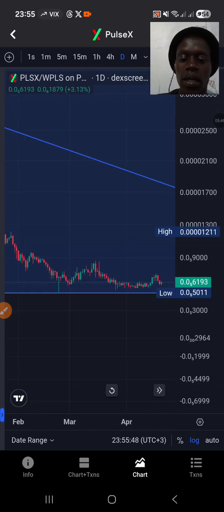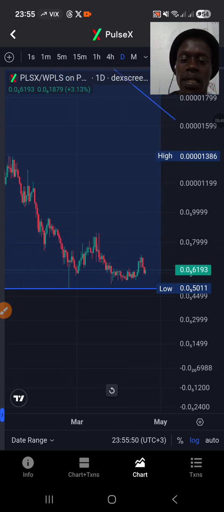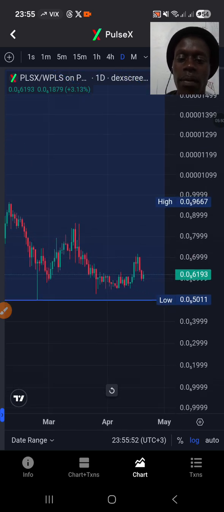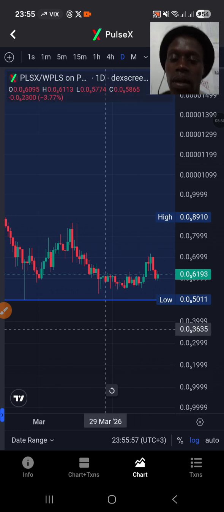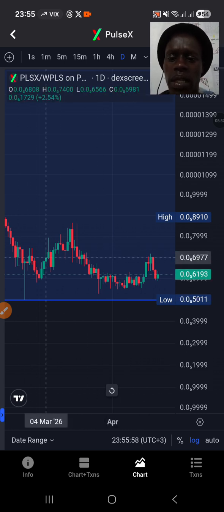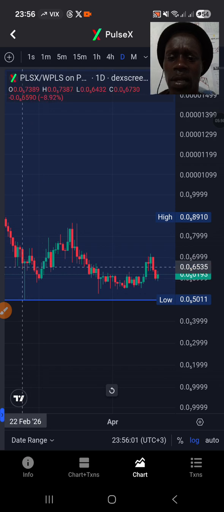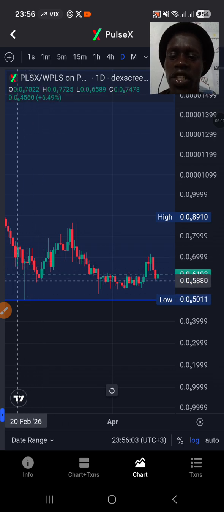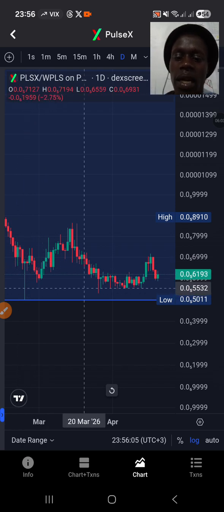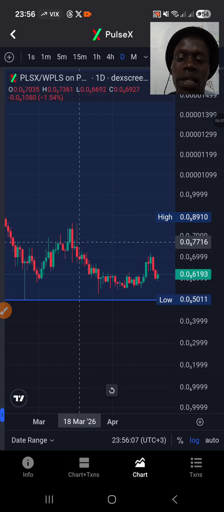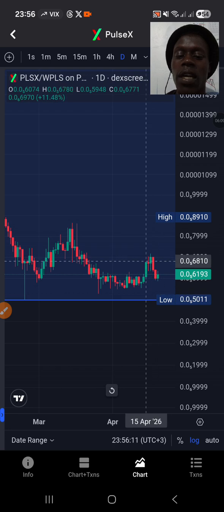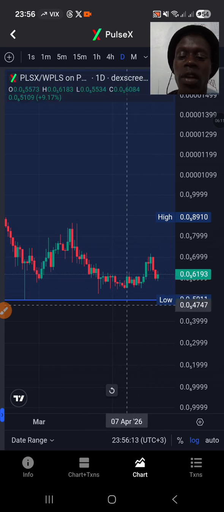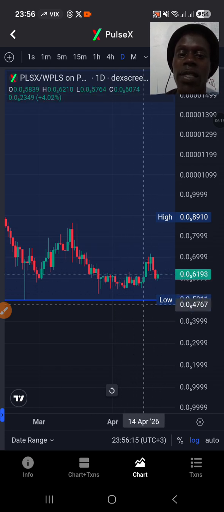Yes, price is at this low, but now you can see last week's candle. Some days ago you can see this bullish hammer or hanging man, and price has been accumulating or consolidating around this support, which is the lowest zone where price has ever printed.